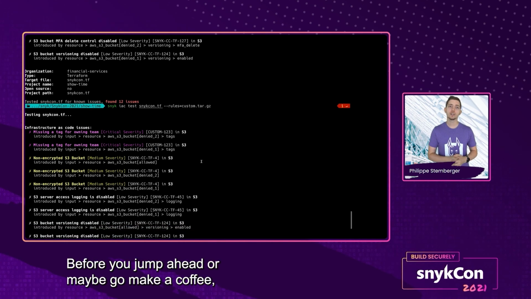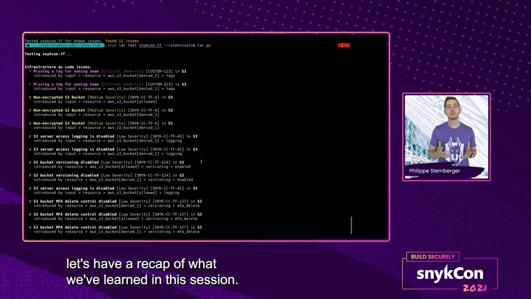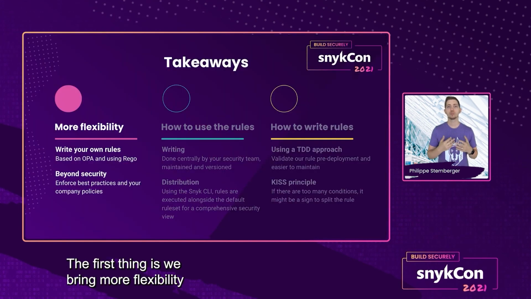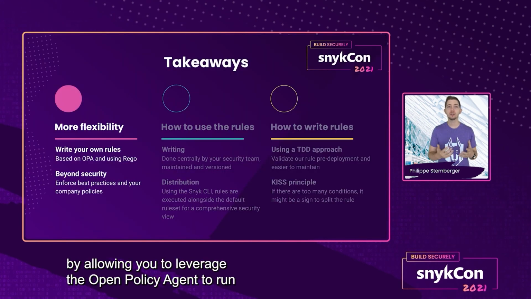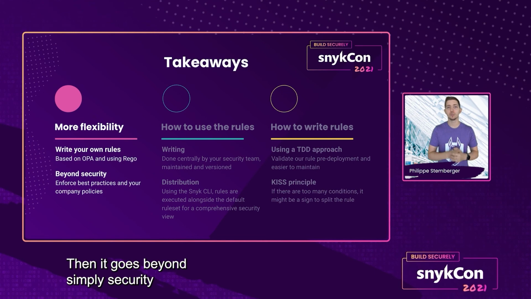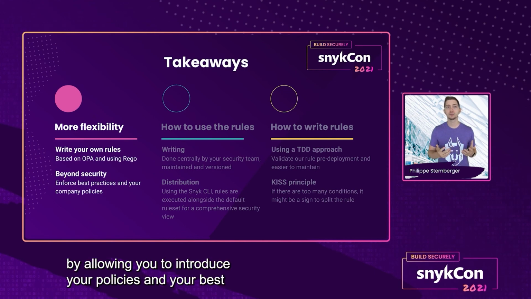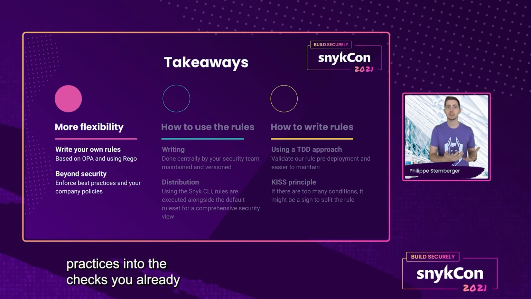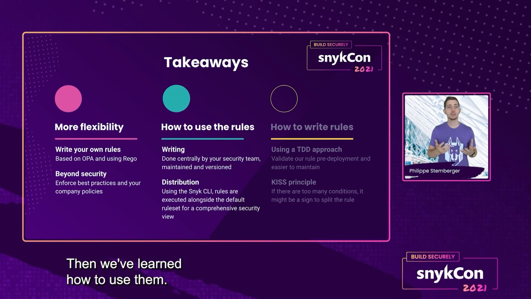Before you jump ahead or maybe go make a coffee, let's have a recap of what we've learned in this session. The first thing is we bring more flexibility by allowing you to leverage the Open Policy Agent to run your own rule using Rego. Then it goes beyond simply security by allowing you to introduce your policies and your best practices into the checks you're already running with Snyk today. Then we've learned how to use them.